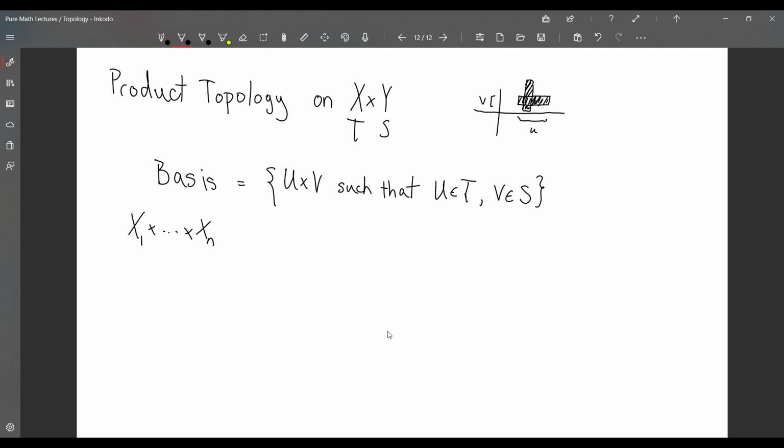But actually, it doesn't work as nicely when you go to an arbitrary product, let's say for alpha in A, X sub alpha. You can sort of have two different topologies. One is called the box topology, and one is called the proper product topology.